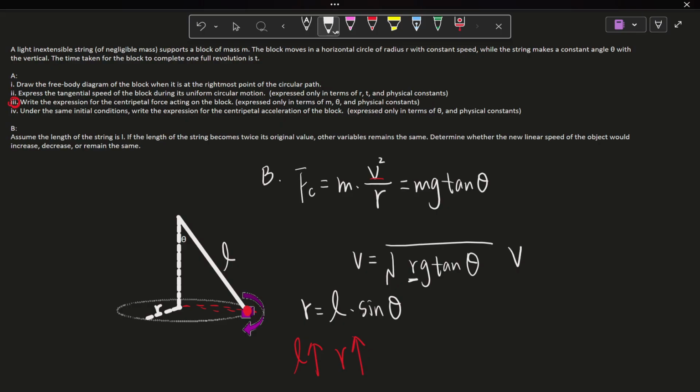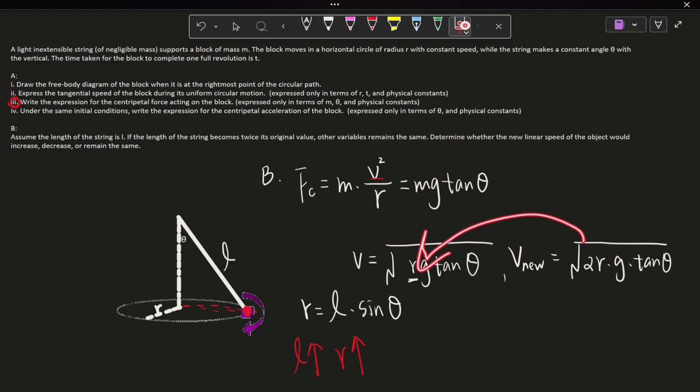V new is equal to the square root of 2r times g times tangent theta. So it's actually increasing, because relative to the velocity before, it's multiplied by 2 inside the square root. So increase is your answer.